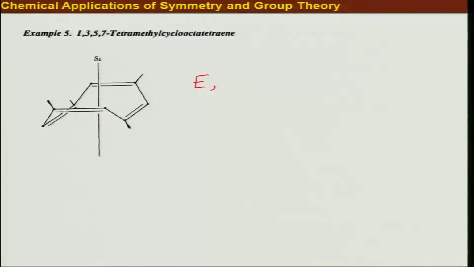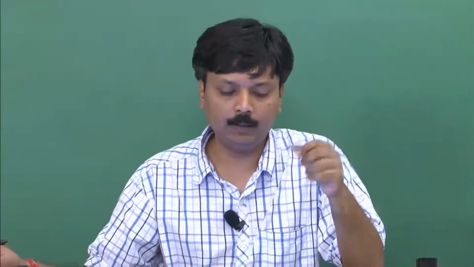By something else, I mean an improper axis of symmetry, which is indicated here. Rotation about this axis by 90 degrees followed by a reflection perpendicular to this axis will give you an indistinguishable structure. You can just verify that.